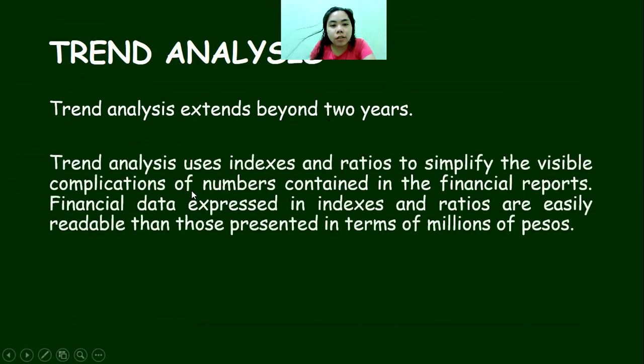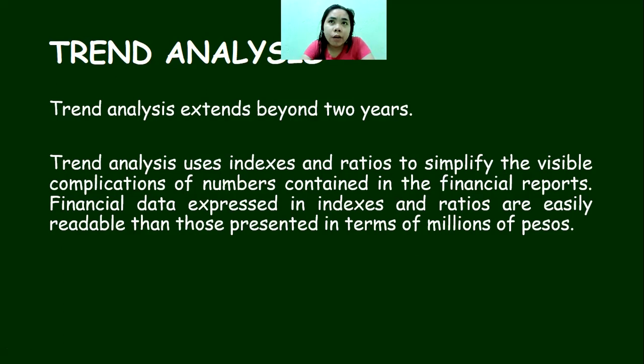So trend analysis uses indexes and ratios to simplify the visible complications of numbers contained in the financial reports. Financial data expressed in indexes and ratios are more easily readable than those presented in terms of millions of pesos. So we perform trend analysis to simplify our financial reporting and analysis.